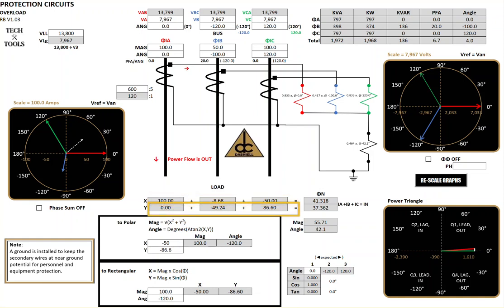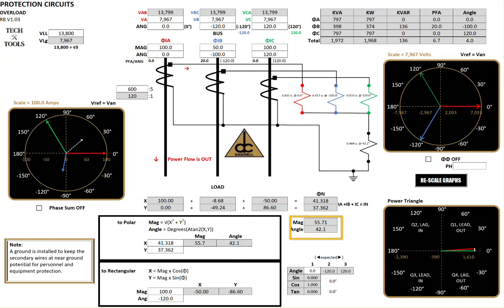And when we convert these to the polar values, we can use this formula right here to do that. I can enter in the 41.318, and right below that I'll enter in the 37.362, and you'll see what I got was my answers.